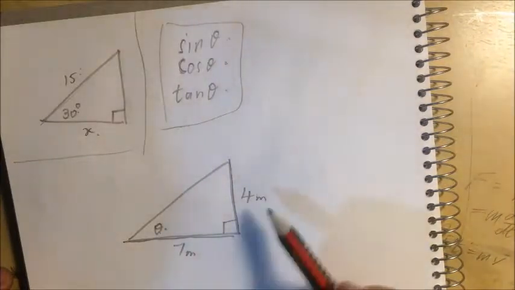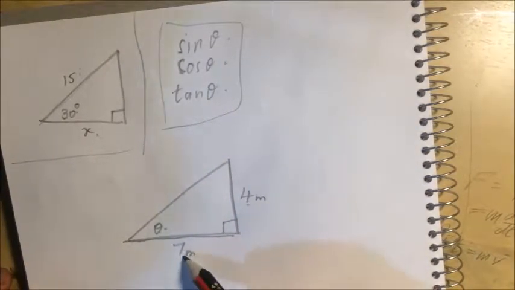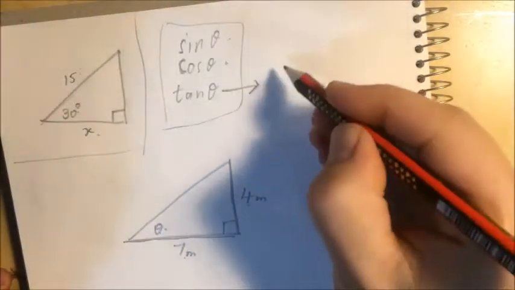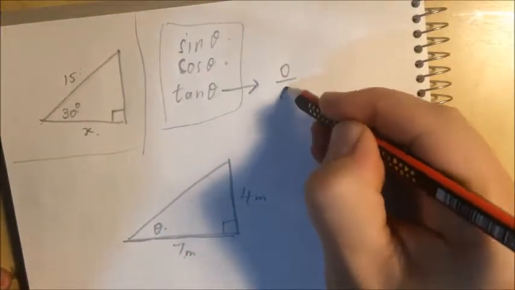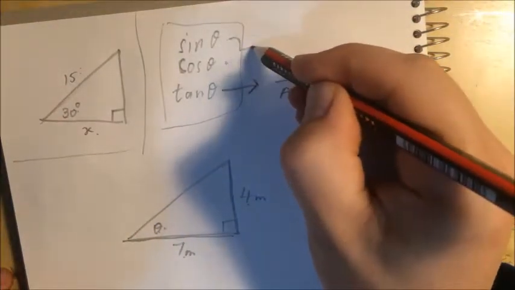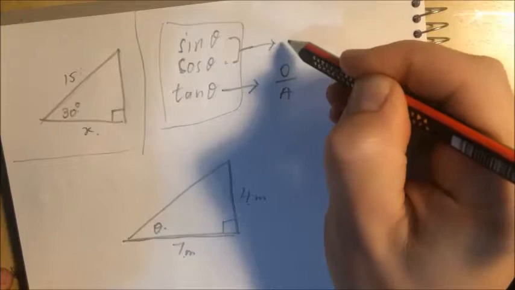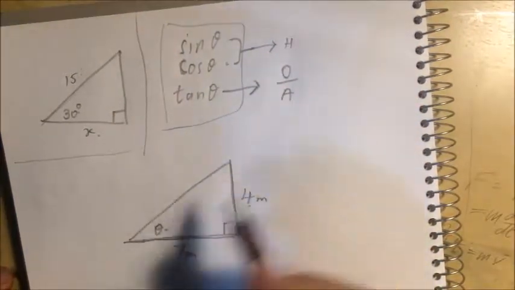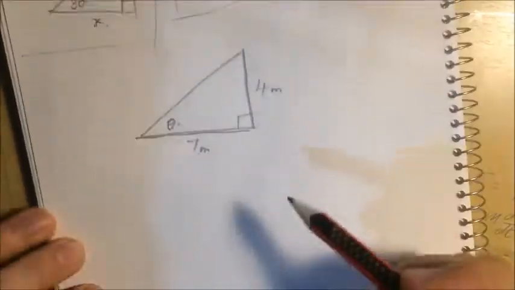Because we've been given the opposite and adjacent, that means we use tan, because this is opposite over adjacent. The other two use the hypotenuse, so we're going to use tan for this one.